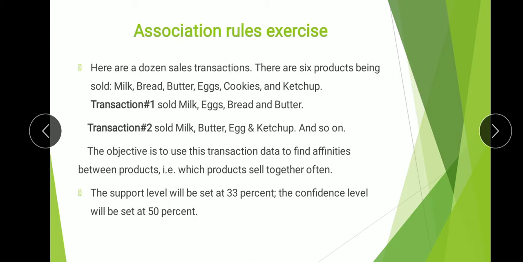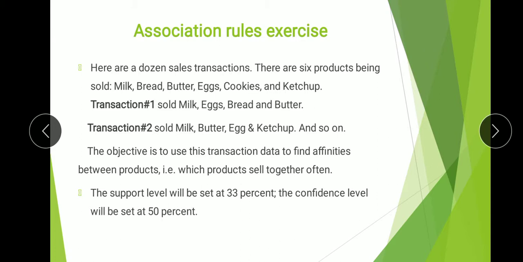The support level is given as 33% and the confidence level is given as 50%. So whatever association rule we generate should satisfy these two conditions: a minimum support level of 33% and a confidence level of 50%.